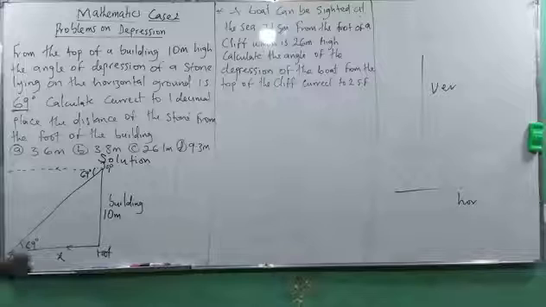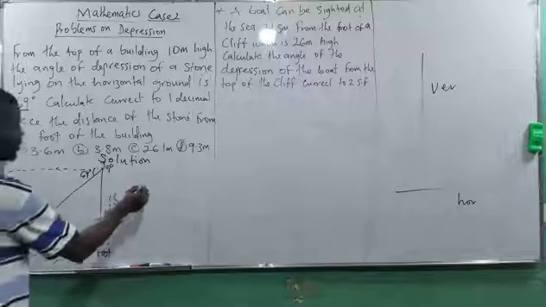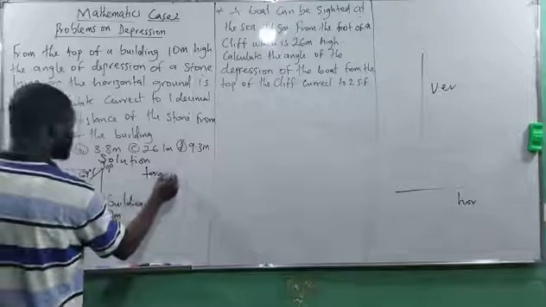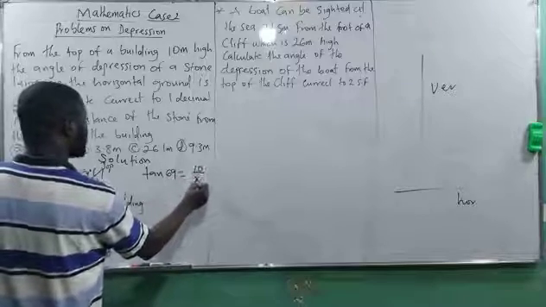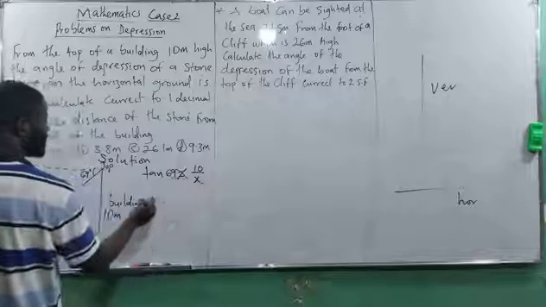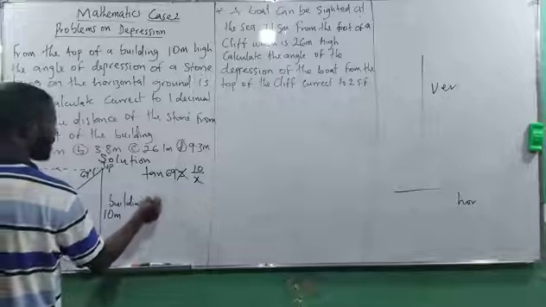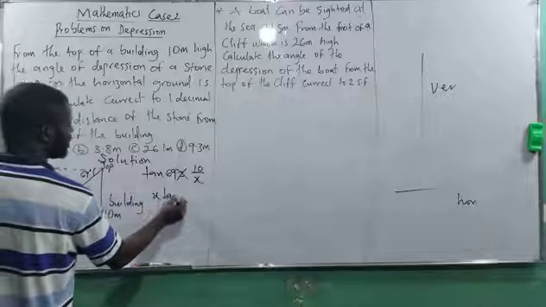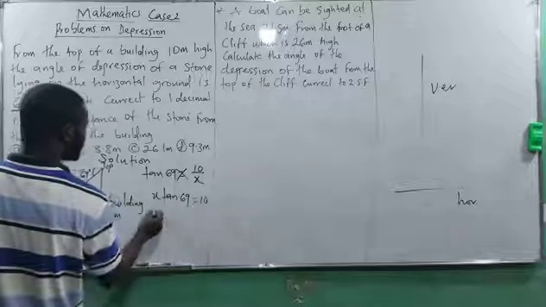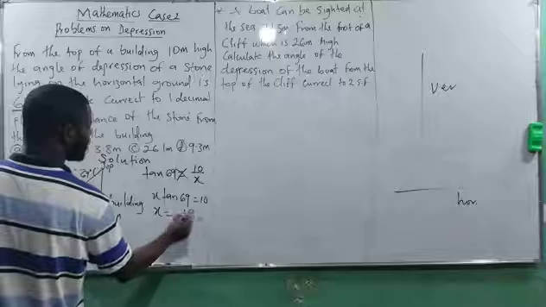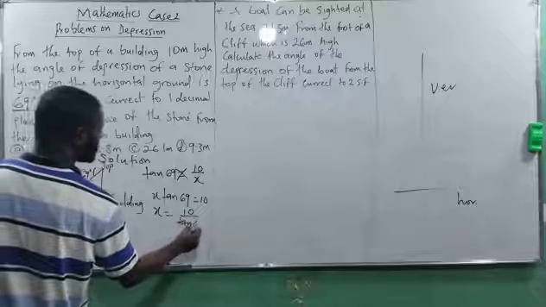I'm looking for the distance, so I will go on tan 69 equals 10 over x. Can I cross multiply? Yes. I'll have x times tan 69 equals 10. Now, x equals 10 over tan 69.